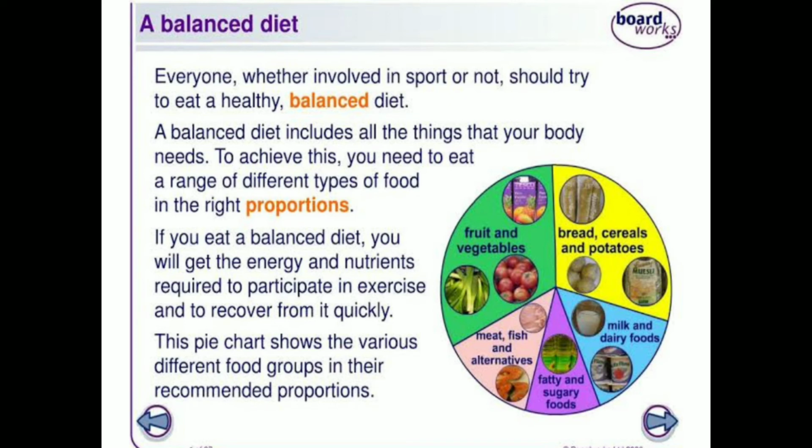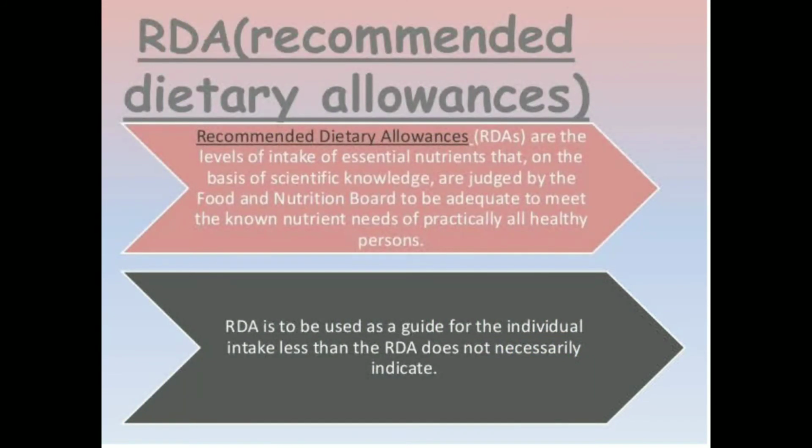Hence comes the RDA, or recommended dietary allowances. What is that? This RDA is a scientific estimation of the nutrients to be consumed daily through food according to your age, your gender, your weight, and the condition of your physical state.